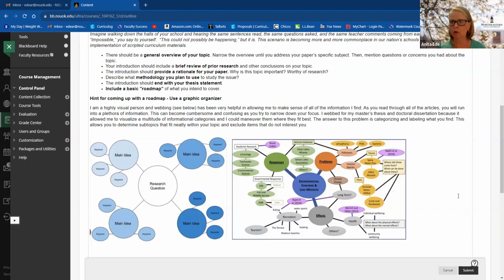I had huge maps because I needed to put something down in an organized format so I would not get lost in my data. It's very easy to get lost in your data and lose your way, trust me. So I highly recommend using some form of graphic organizer, whatever form works for you, in order to get it all down on paper in a format that makes sense to you.